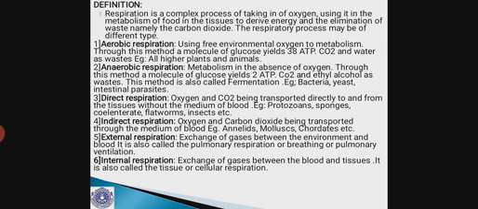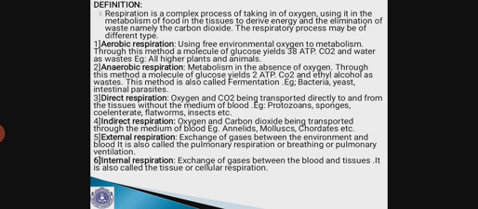In aerobic, 38 ATPs are produced from one molecule of glucose, whereas only 2 ATPs are produced in anaerobic respiration. And here the byproducts are carbon dioxide and ethyl alcohol. This method is also called fermentation, and it occurs in organisms like bacteria, yeast, and some intestinal parasites.